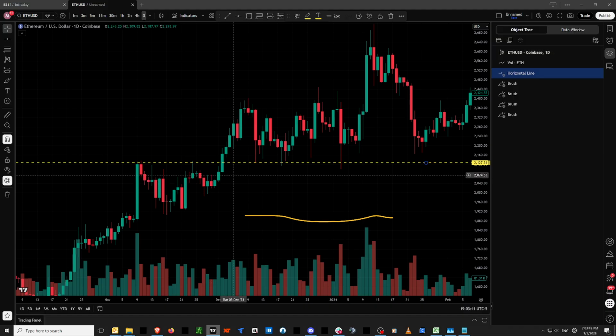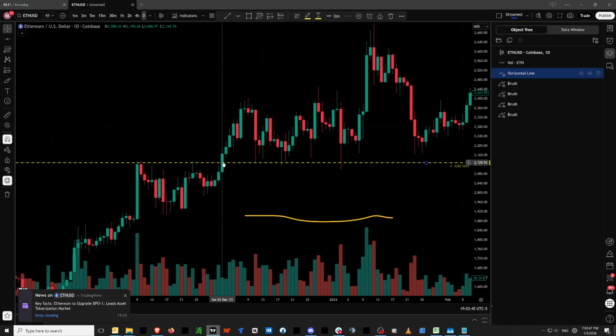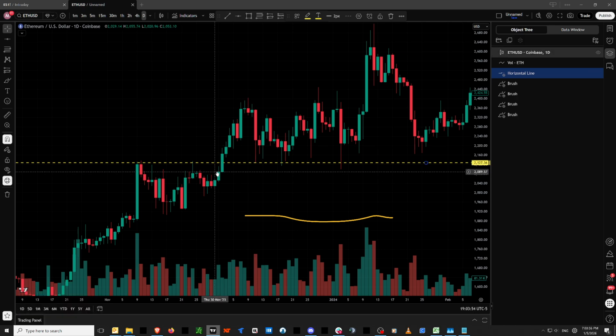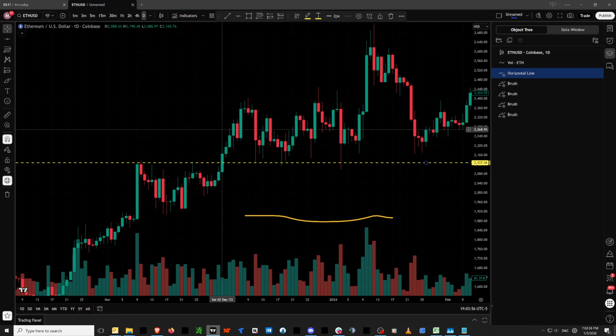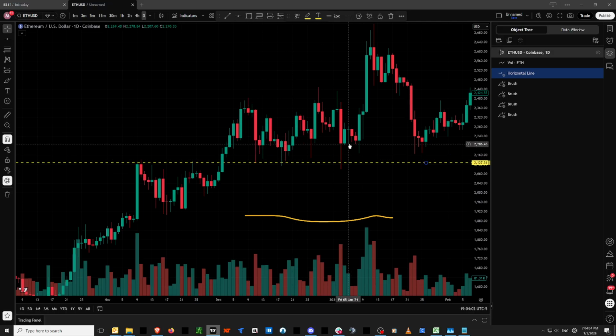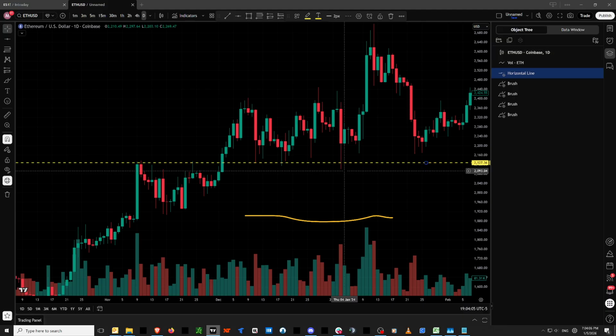Here we got a nice candle, but still the point is here we are breaking through that. And now we're above that line, and where before it was resistance, now it becomes support. Got close to it, did take liquidity.